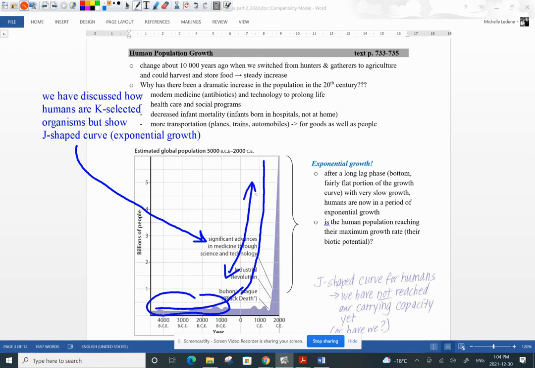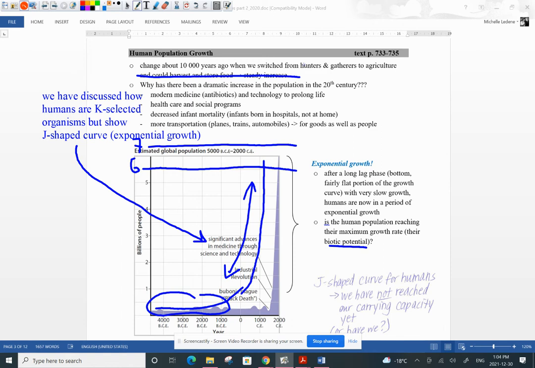As I mentioned before, we don't know what our biotic potential is. What is the maximum carrying capacity? Maybe is it 6 million, is it 7 million, have we exceeded it, or is it up here somewhere? We don't know, and I guess just time will tell.